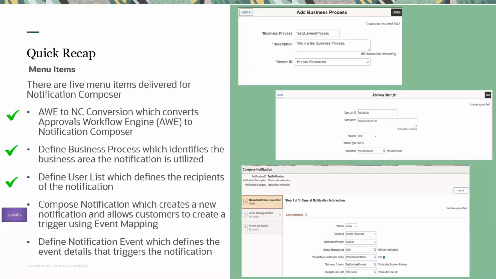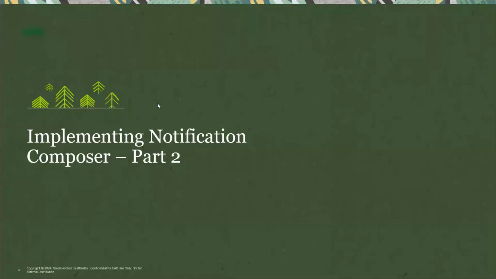We went through defining a business process, defining a user list, and we were almost done with compose notification, which creates a new notification and allows customers to create a trigger using event mapping. So we're going to pick up where we left off there and then cover define notification events, and then circle back into people tools and jump into some more configuration and then my preferences.